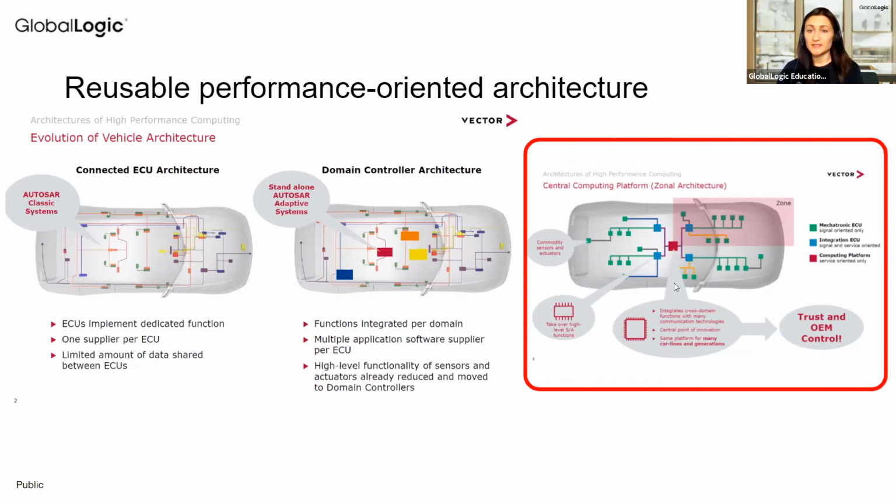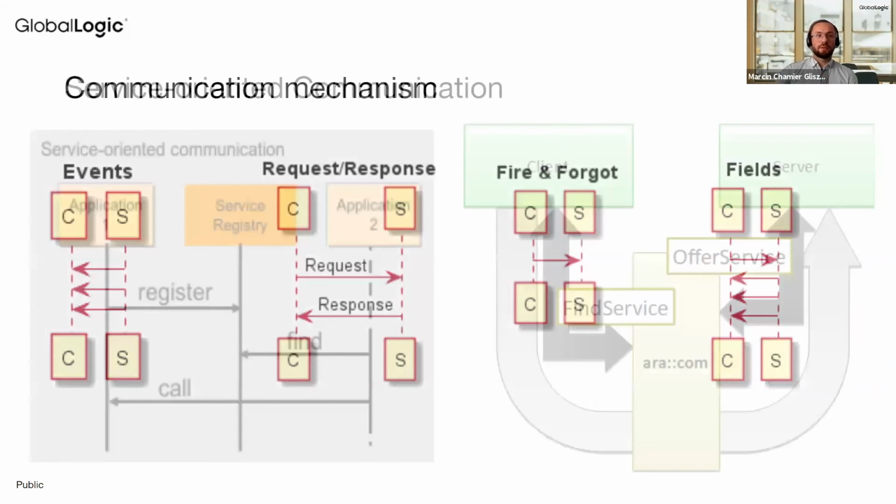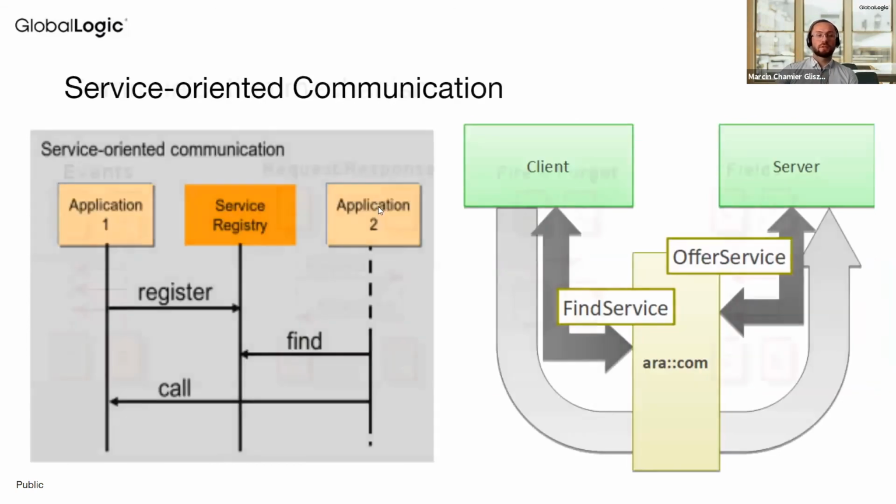So that's it. And we have 2 last questions in our Q&A box. The first one is, if you could explain the service-oriented communication between processes, fire and forget, etc. So, as I said, the XML allows us to define 3 interfaces: events, methods, and fields.